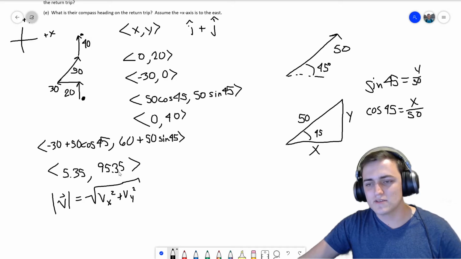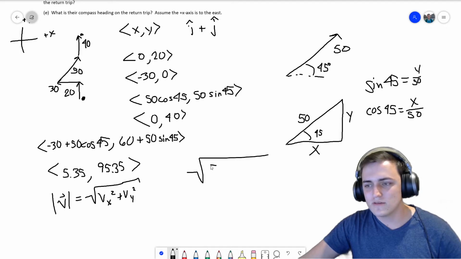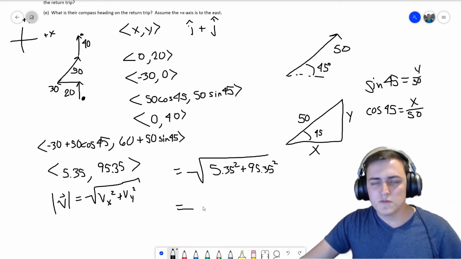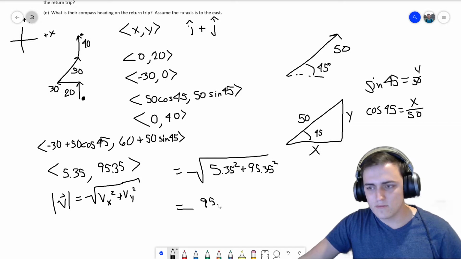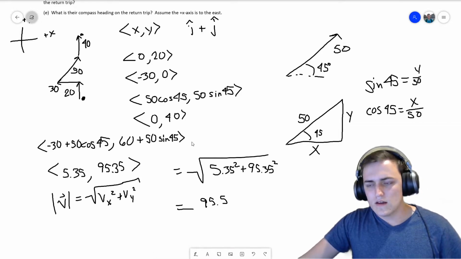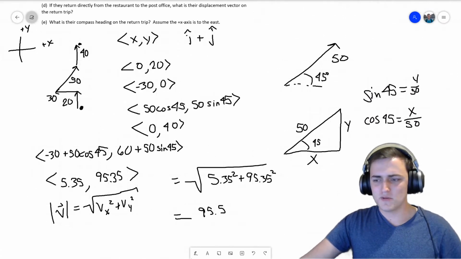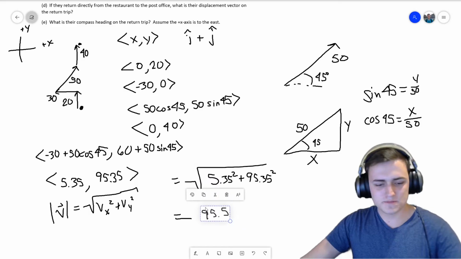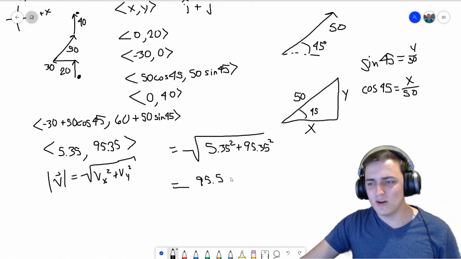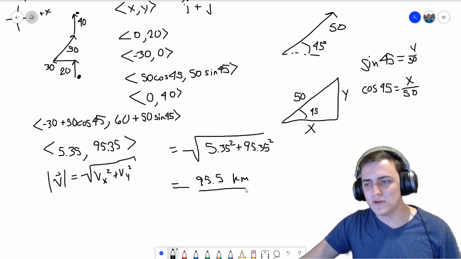If we want the magnitude of our displacement vector, we take the square root of 5.35 squared plus 95.35 squared. So we find our magnitude to be 95.5. We look back at our question and we started in units of kilometers, so wherever we're talking about distance, we want to put a kilometer unit. So here our magnitude is in kilometers, and we could actually label our vector in kilometers. This is our answer to part B.